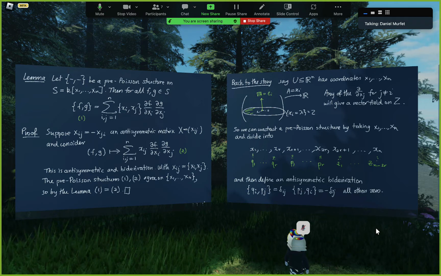The easiest example of a Poisson structure was to rotate some coordinate into another chosen coordinate. So usually you call those Q's and P's for positions and their conjugate momenta. So if you divide the coordinates up into Q's and P's and some Z's which just don't interact with the Poisson structure at all, that is, they pair with everything else to give 0 in the Poisson structure, then you can define this kind of standard Poisson structure. Qi with Pj is delta ij.